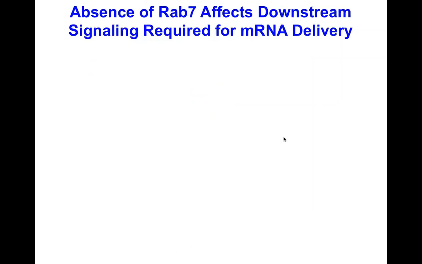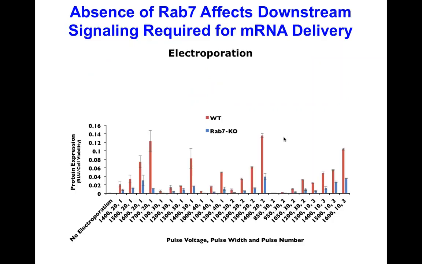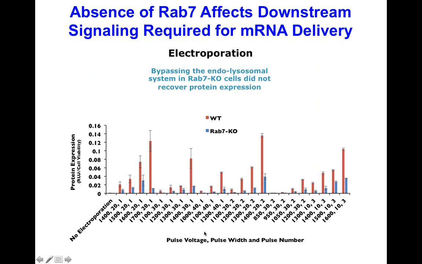So we wanted to further test whether this was something endocytic transport related or something else that RAB7 was doing. And to bypass the endolysosomal system, we electroporated the mRNA in the knockout and the wild type, and then used different pulse voltages, widths, and pulse numbers.